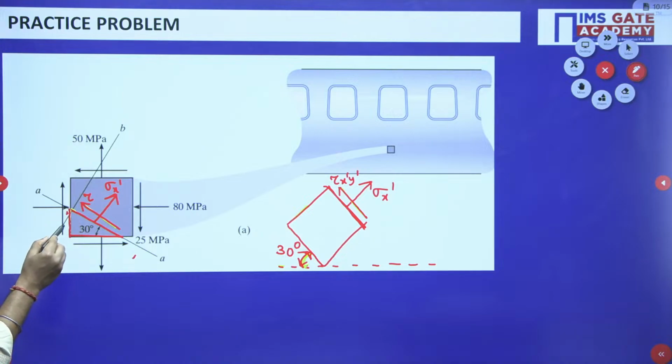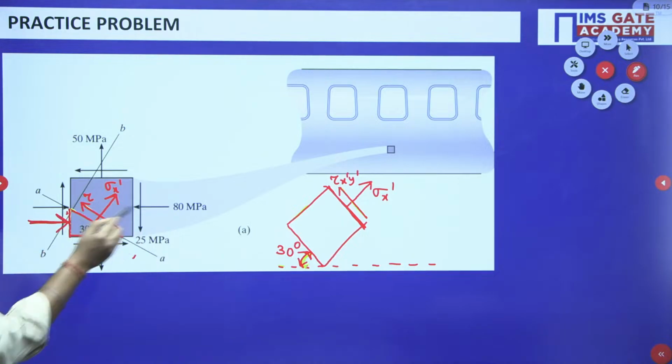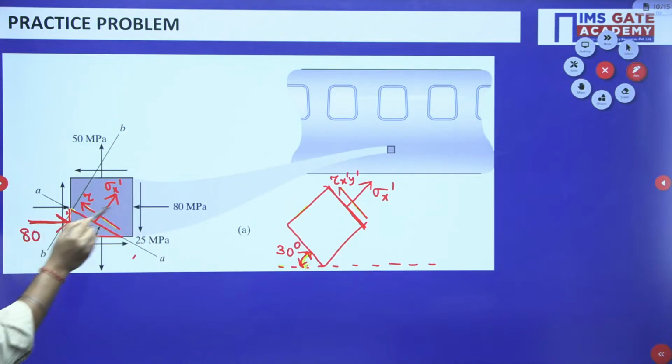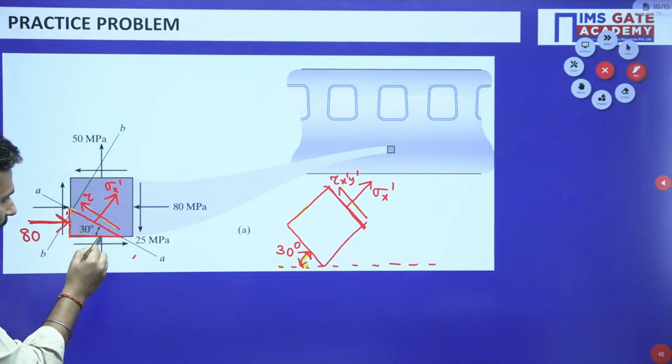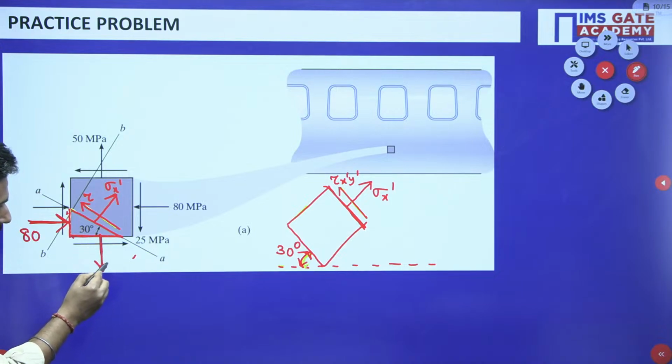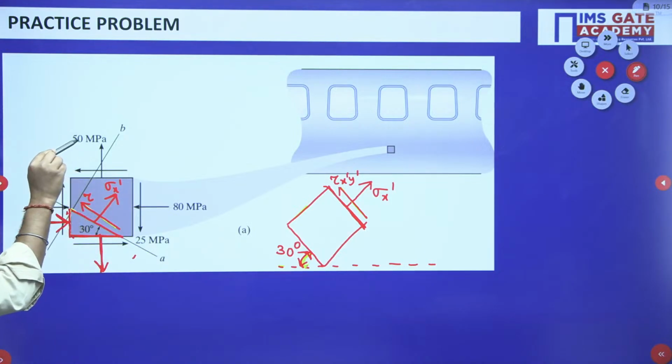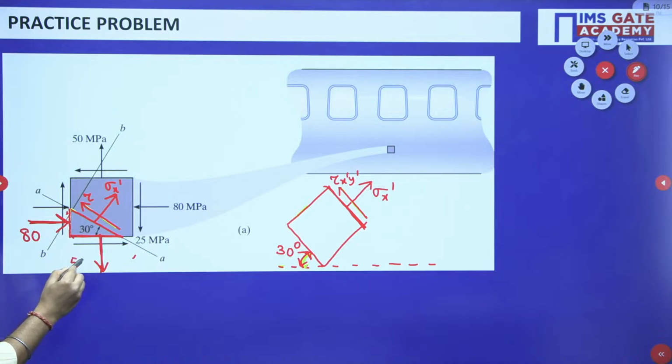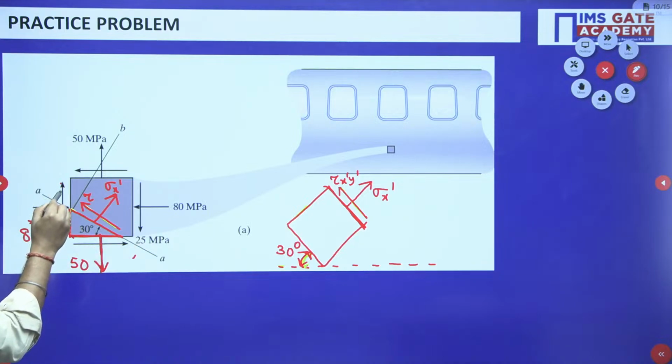Now if I ask you, on this face any force is acting, you will say, okay sir, on this face 80 is there. If I ask you on this face, since you have taken this one also, any force you are able to see, you say sir 50 is there, so 50 will be here also, and tau is there, and tau is here, and tau is there.